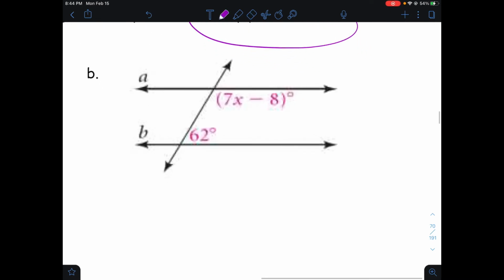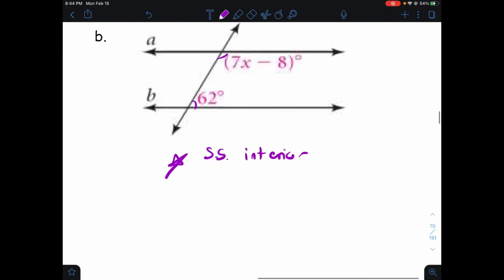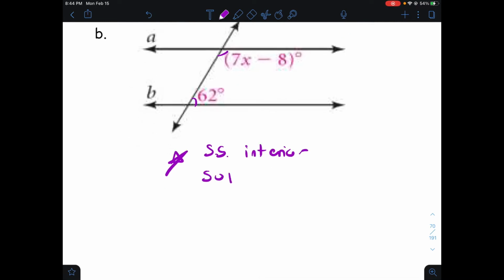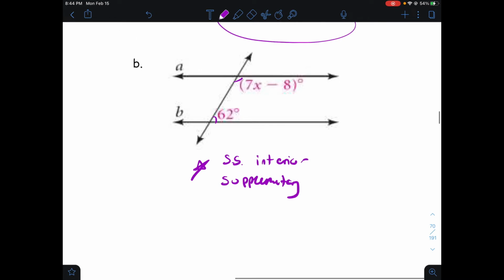All right, so what kind of angles do we have going on here? What relationship is this? So look at your note sheet, figure it out. So for this guy, we should have gotten same side interior. And the relationship then is that they are supplementary. Of course, if they're parallel, and we want them to be parallel, so we're going to make them supplementary.